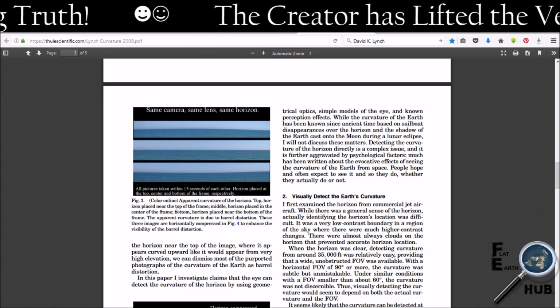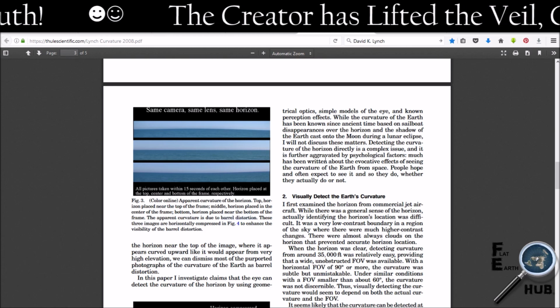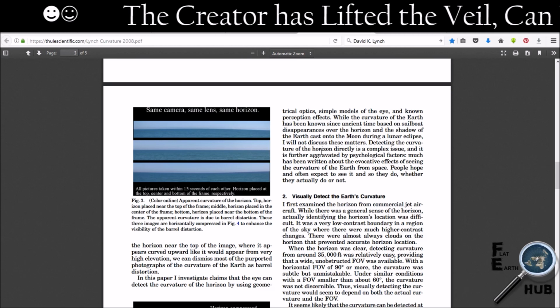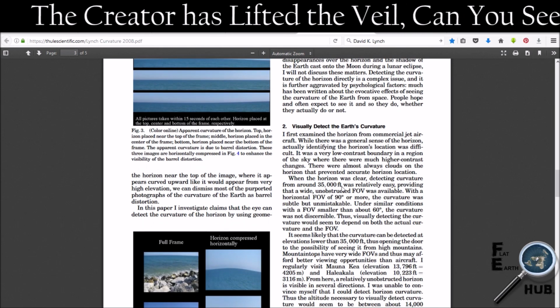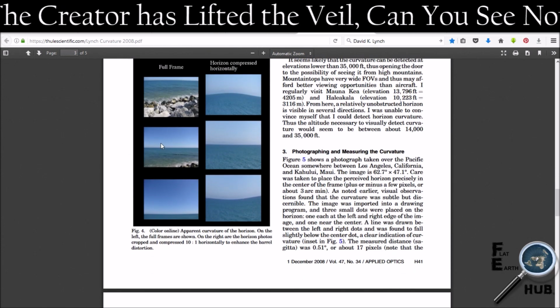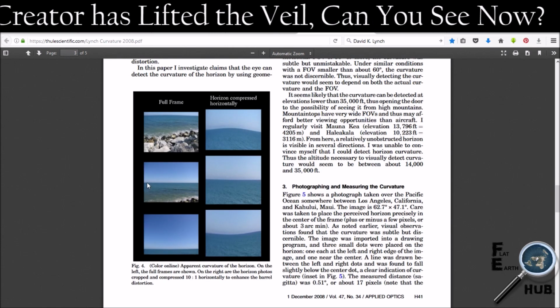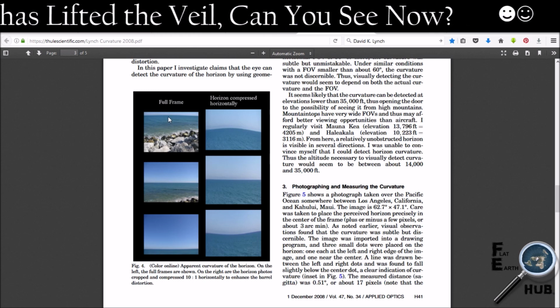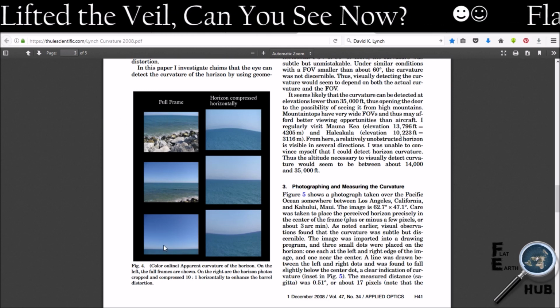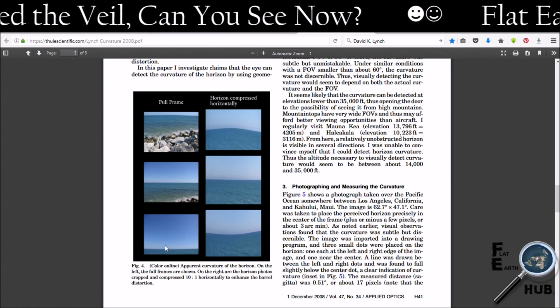He says about 95% of the people that do see the curve, it's due to this problem, that they're tilting their cameras. And he goes over some more examples where the horizon is put in the center of the frame; the camera's lowered, it gives you the curve, and raised, it gives you the convex.